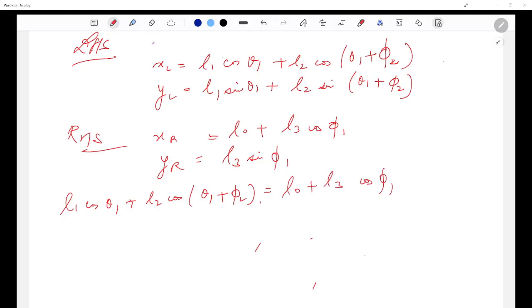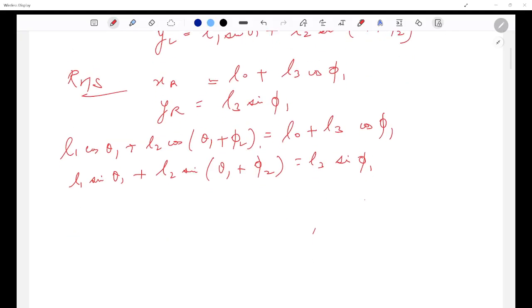So I equated the left and right sides of the x equations. For y, it is L1 sin theta 1 plus L2 sin (theta 1 plus phi 2) is equal to L3 sin phi 1. Right.